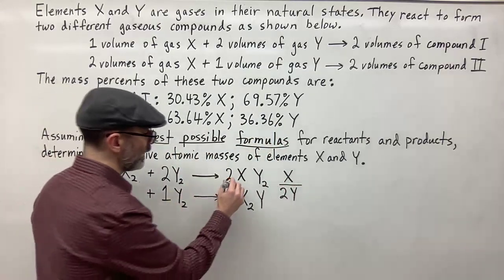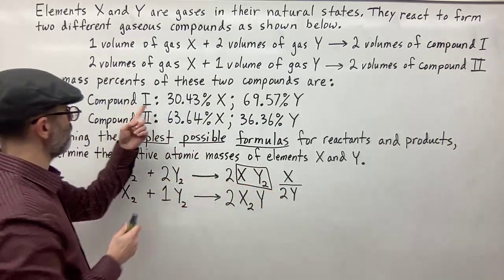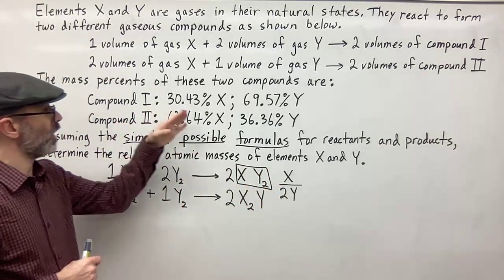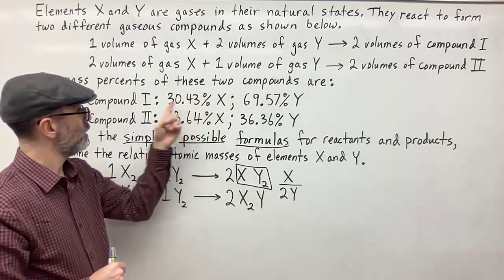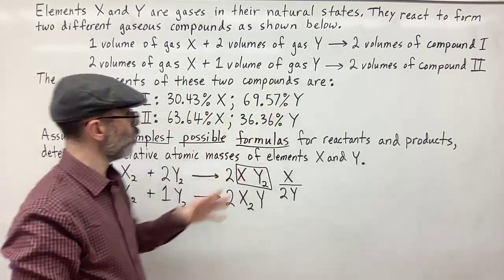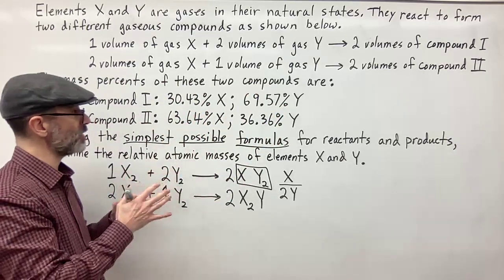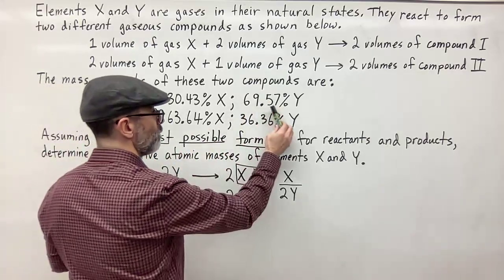So we're only looking at the formula here, right? The percent by mass is the percent by mass of the elements in the compound. Here you have x at 30.43%, then you have y. The percent by mass of y in the whole compound is 69.57%.